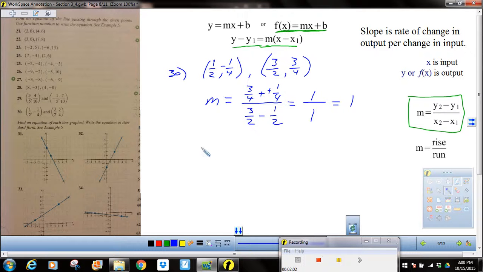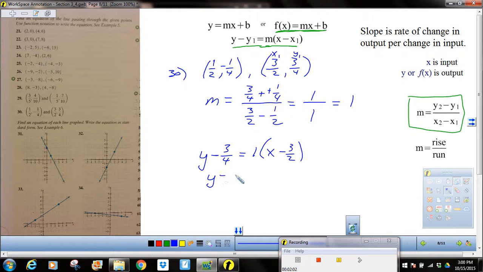Even though that worked out nicely, I'm still going to have fractions in the equation, so I believe I'll let this on the right be x1 and y1 just because it doesn't have negatives. Really no other reason. Because this has fractions in the constants, we're probably going to have to go ahead and get rid of fractions later.